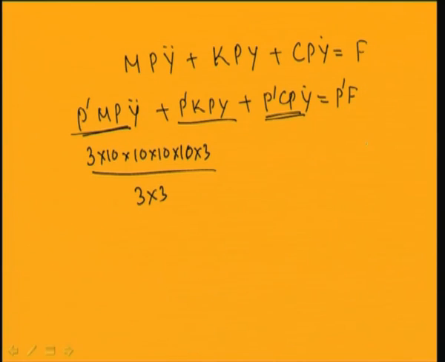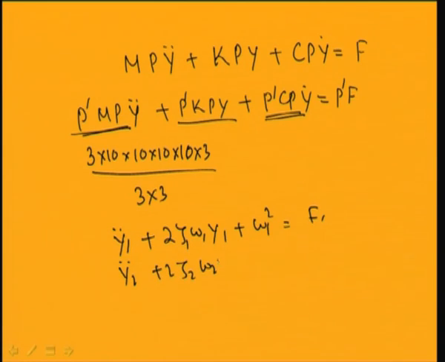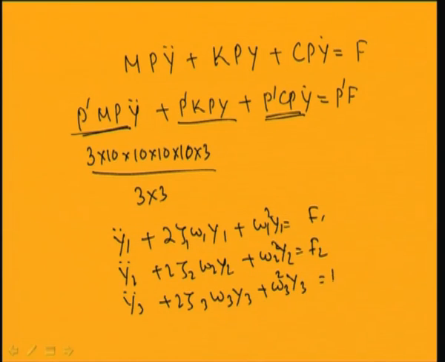which are diagonal. These diagonal equations can be written as y1 double dot plus 2 zeta 1 omega 1 y1 plus omega 1 square y1 equal to f1. Similarly, y2 double dot plus 2 zeta 2 omega 2 y2 plus omega 2 square y2 equal to f2, and y3 double dot plus 2 zeta 3 omega 3 y3 plus omega 3 square y3 equal to f3.